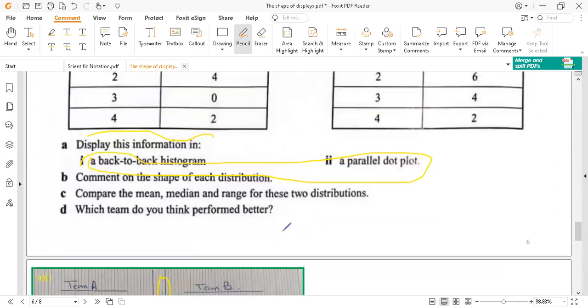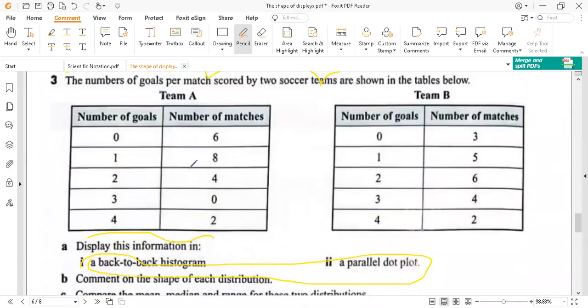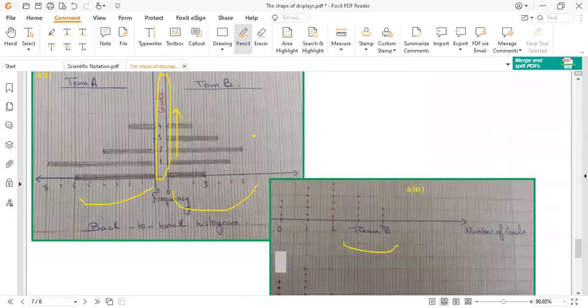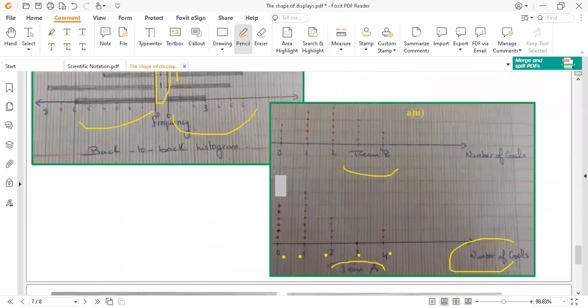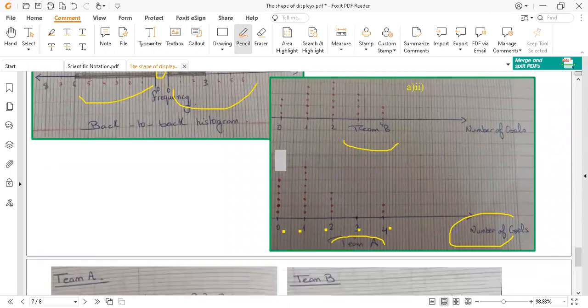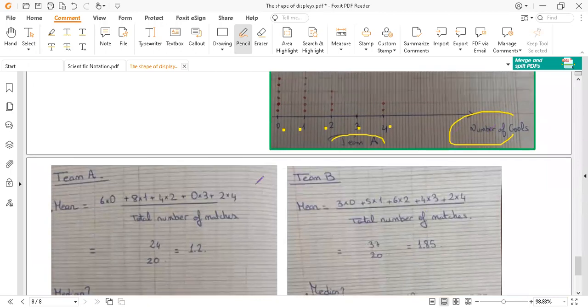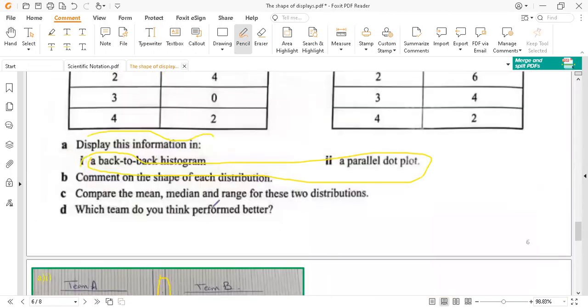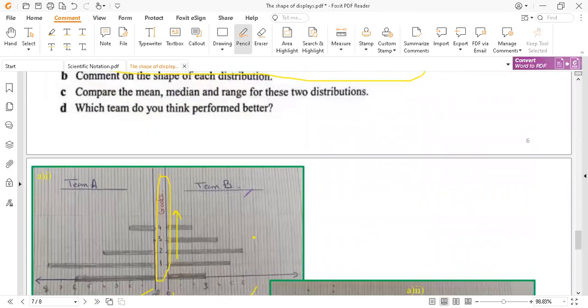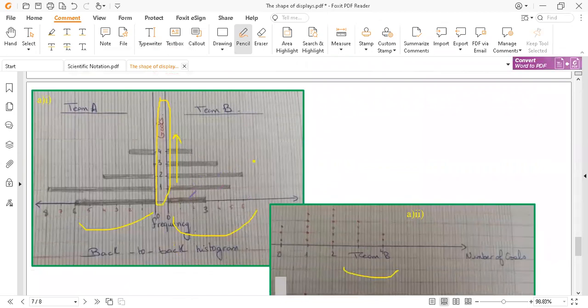For example, for 0, we have 6 matches for Team A, so we have 6 dots for Team A: 1, 2, 3, 4, 5, and 6, and so on. They also asked about the shape of the distribution, like a bell shape, which is approximately symmetric. Here we have a tail to the right, so positively skewed, and so on.